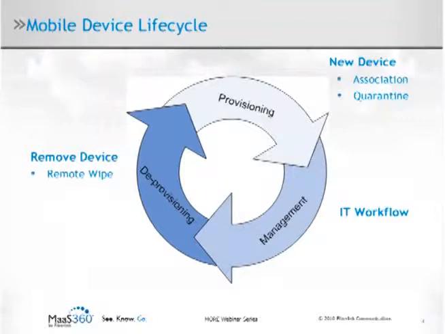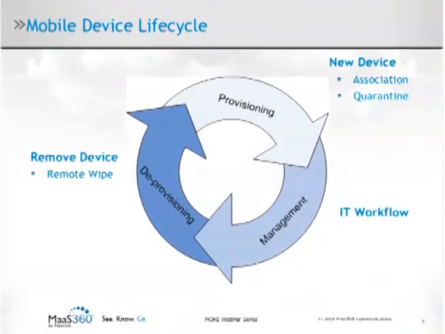So the first thing we're going to talk about here is what is the mobile device life cycle for provisioning devices and managing them in your environment. So we took a step back and looked at it in three aspects. The first one being provisioning, so when you get a new device and you want to associate that device.